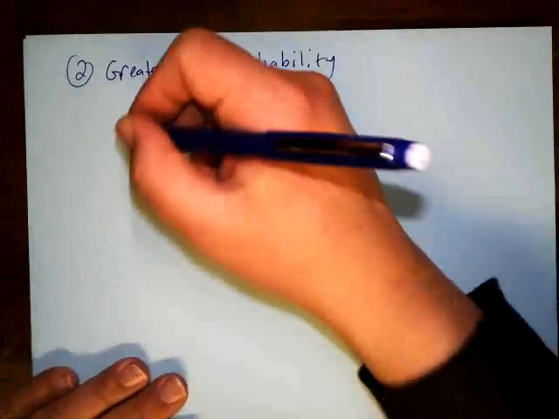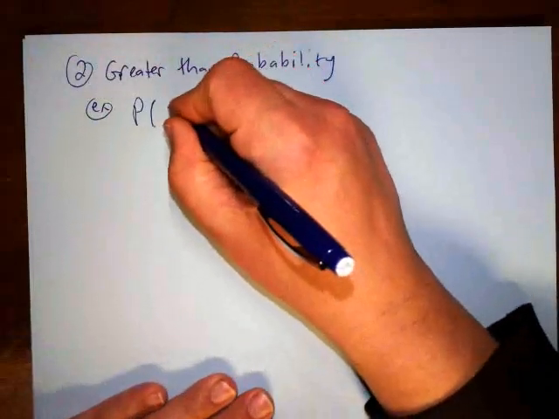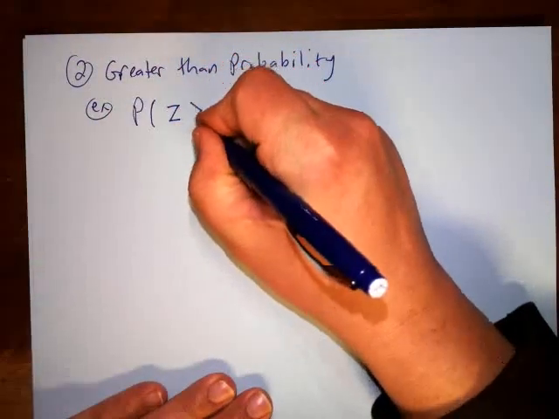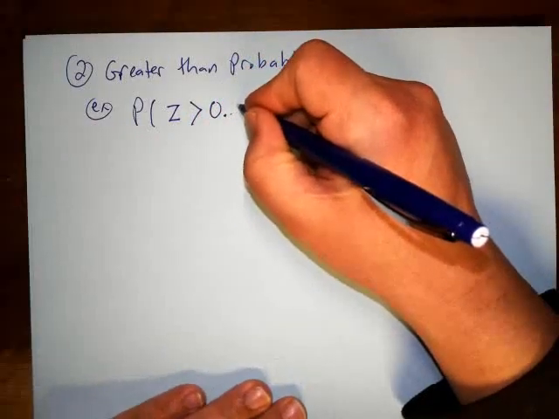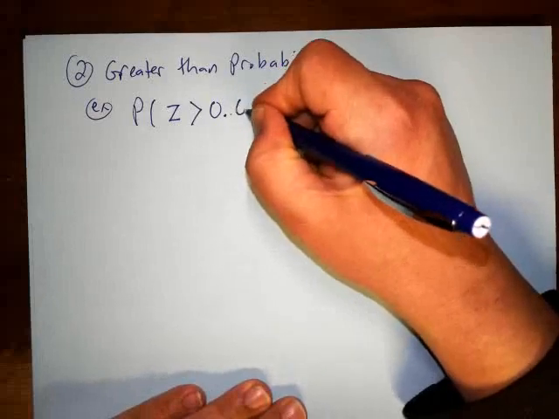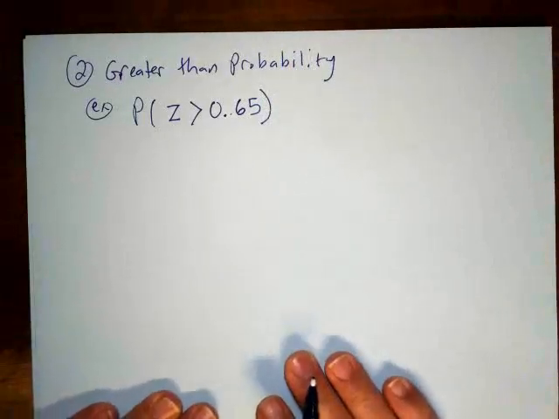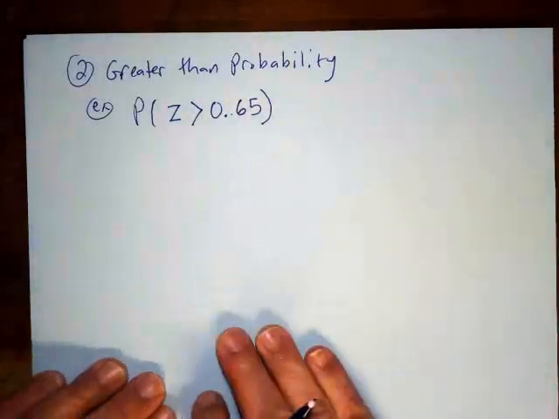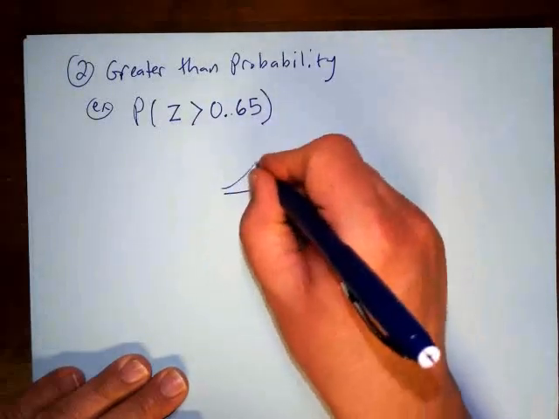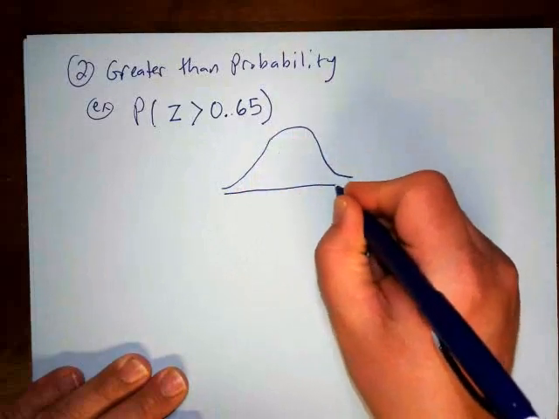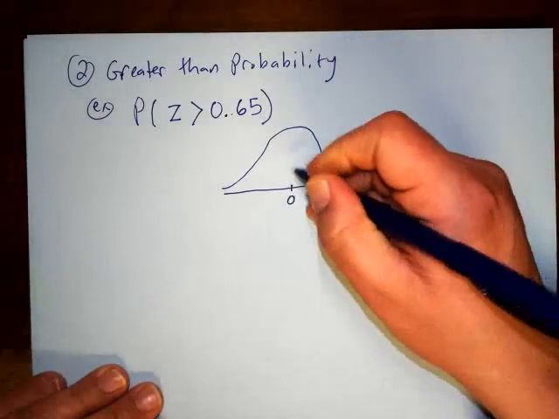An example might be something like z greater than positive 0.65. That's a greater than sign, pointing that direction. So let's draw a picture. 0 goes in the center there.